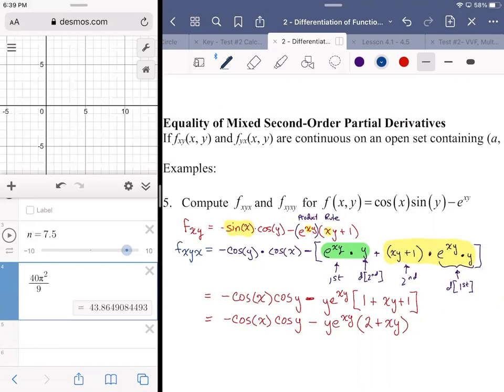So the next one up would be x, y, x, y. I mean, if I wanted to do x, x, y, y, which actually might not have been as bad, or y, y, x, or y, x, x, it's a nice little blueprint. It's a strategy where you say, all right, well, it's easier to find the first order partial with respect to x than it is to find the first order partial with respect to y.